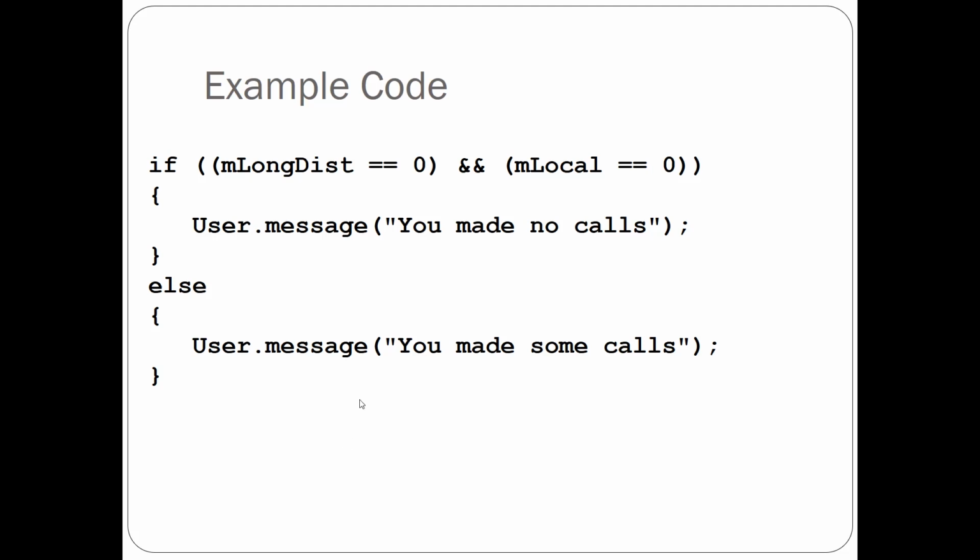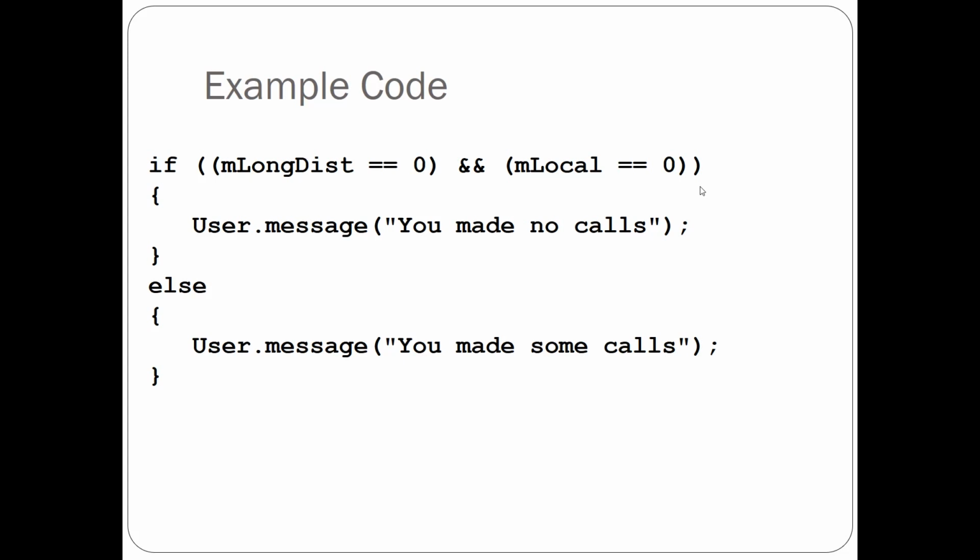Okay, so let's have a look at a Java-based equivalent of that. Very short piece of code, but we've got a compound decision in there, and the two sides indicate if the variable mLongDist, or long distance calls, is 0 and mLocal is 0.